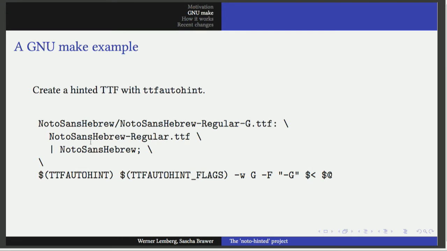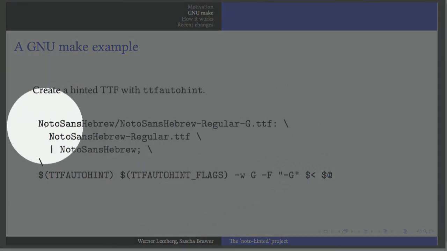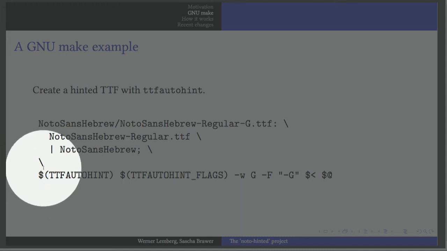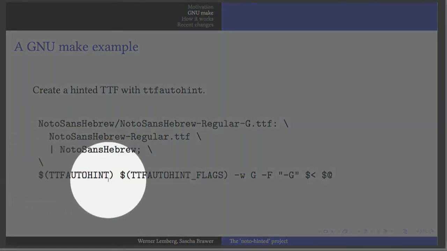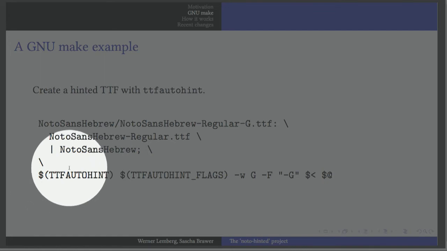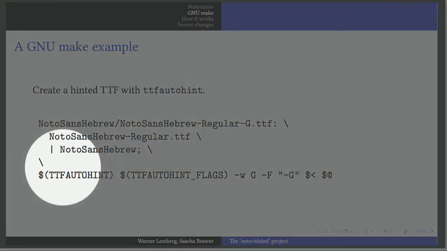As you can see, lines are continued with a backslash at the very end. And I just inserted something here to make it more easily visible. Then, this is the executable. I'm using an abbreviation. I have a variable assigned somewhere else at the beginning of the makefile that says ttfautohint is located in directory foo bar / whatever. There are some additional flags, whatever they are, it's not important.